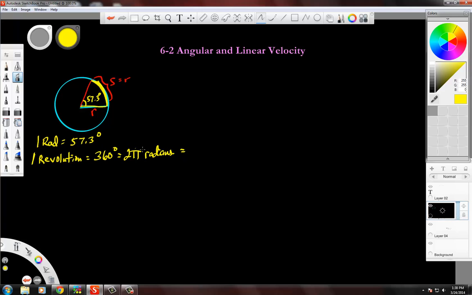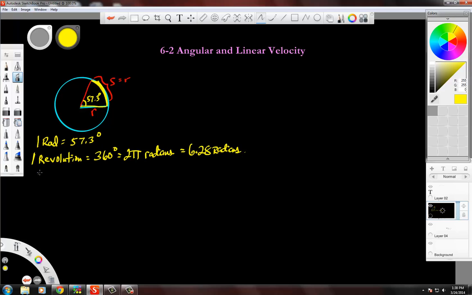So 2 pi is the same as 6.28 radians. All of that is so true, and you have to memorize that.